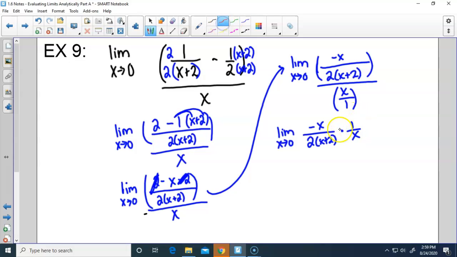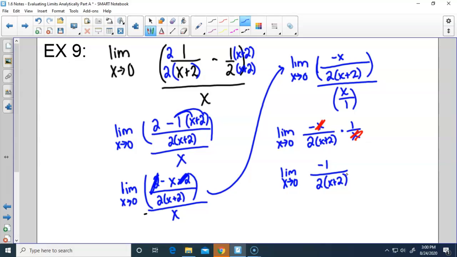And whenever I do that, because I've got multiplication here, I can cancel the x in the numerator and denominator. And that leaves me with the limit as x approaches 0 of, make sure you don't lose this negative right here, -1 over 2 times x plus 2.